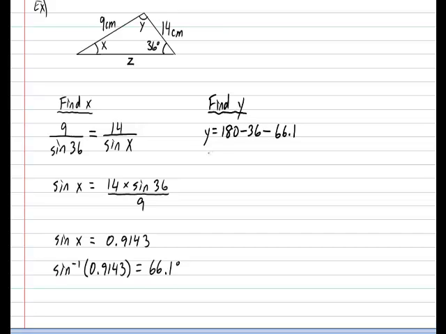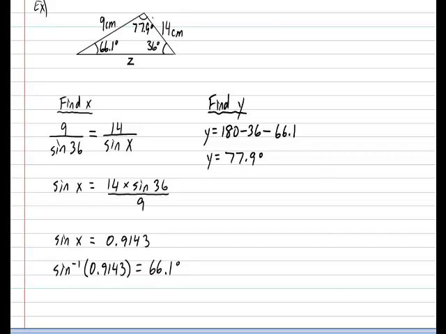And therefore, Y equals 77.9 degrees. As usual, when you find a value, don't forget to write it in. So I'm going to erase my X and my Y from the diagram. I'm going to write in what I found so far. Angle X was 66.1 degrees, and angle Y was 77.9 degrees.